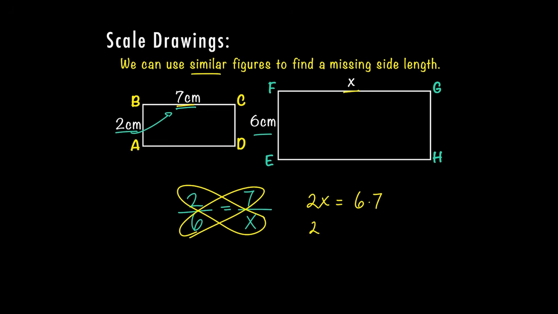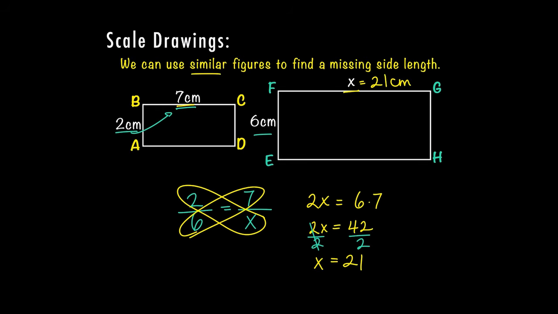And I know that 6 times 7 is 42. I have a one-step equation, so I'm going to divide both sides by 2. That cancels on this side, which tells me that X equals 21. So this missing side length should be 21 centimeters.